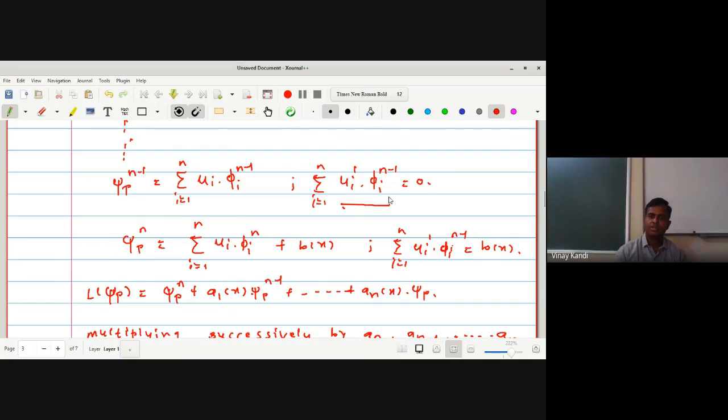And the column vector is u1 dash, u2 dash up to un dash, and the right hand side is 0, 0, 0 up to, at last, b of x.